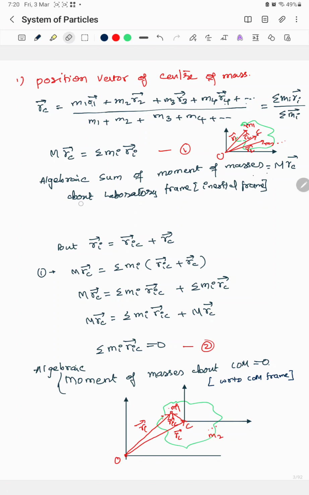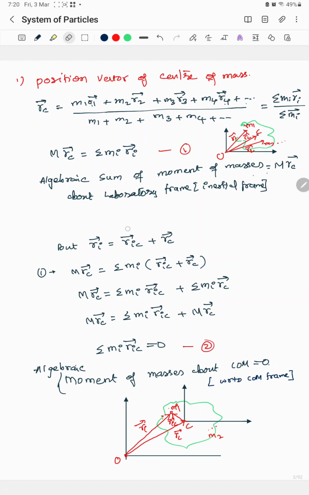And this is about the laboratory frame of reference, as I told you. But we know Ri bar, i is the ith particle, and Ri bar is the position vector of the ith particle with respect to the laboratory frame. And we know this is the position vector of the center of mass of the system of particles with respect to the laboratory frame.